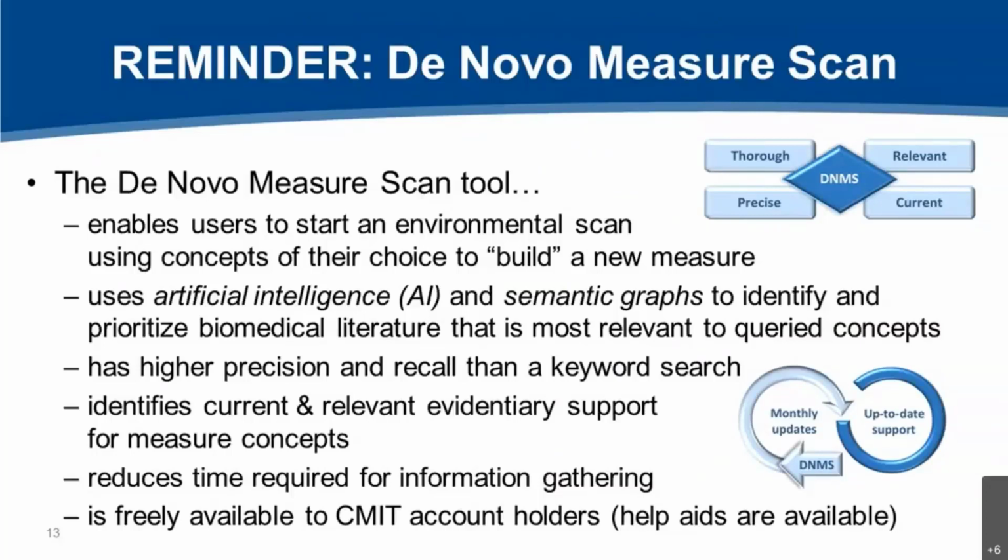It uses artificial intelligence and semantic graphs to identify and prioritize the most relevant literature. And it has a higher precision and recall than what you may have with a typical keyword search, which reduces the time you need for information gathering. It is freely available to CMIT account holders. So this may be of use to you as you are developing your measures. And if you're interested in learning more, there are quick start guides available within the tool.